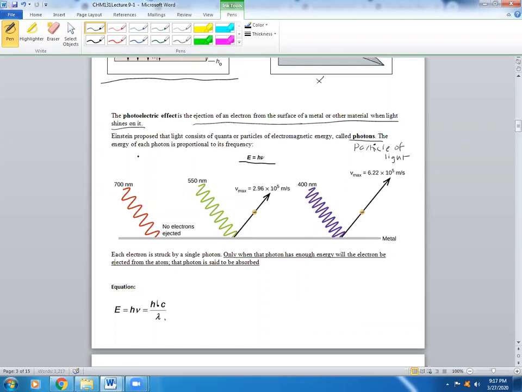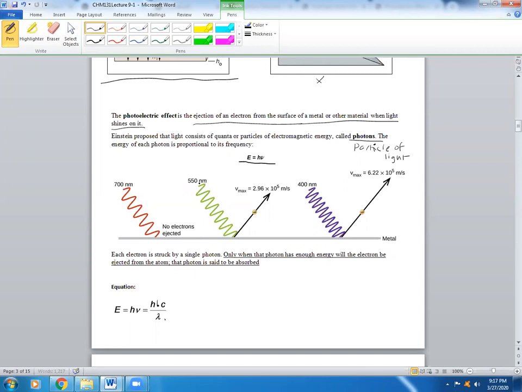But actually, let's look at this diagram and then this very important statement. It says each electron is struck by a single photon. In order for you to eject electrons from this material, and it's a metal, you notice that it's not ejected when you shine red light.